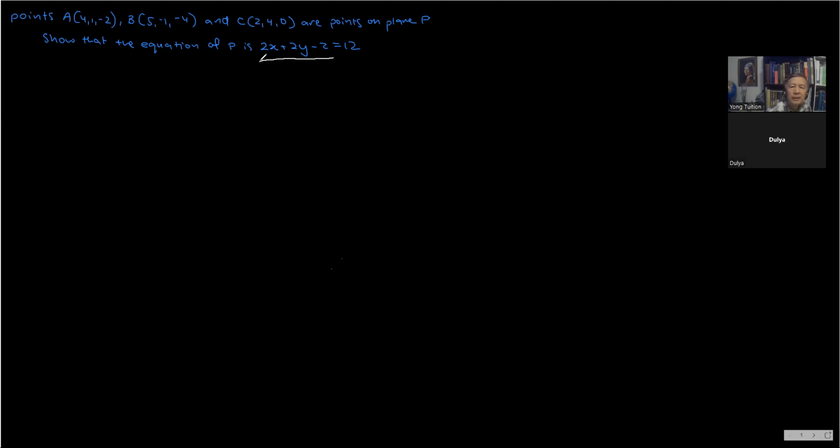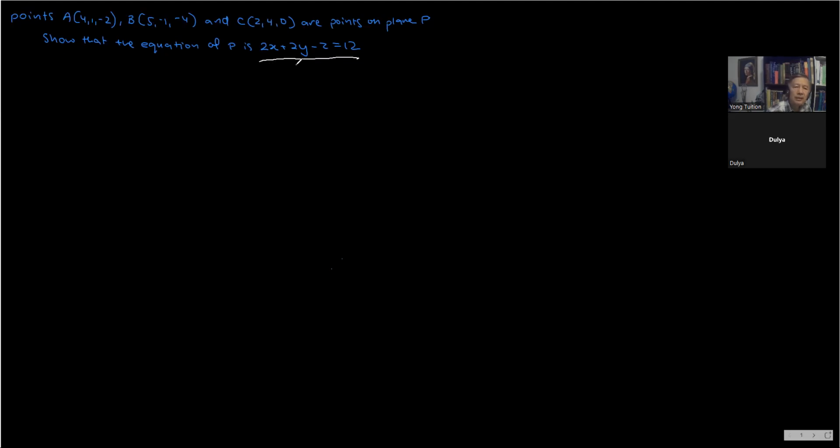This is a special question. You want to show that the equation of P, because 3 points are on the plane. So these points are on the plane P, P for plane, and find that the equation is as simple as that.